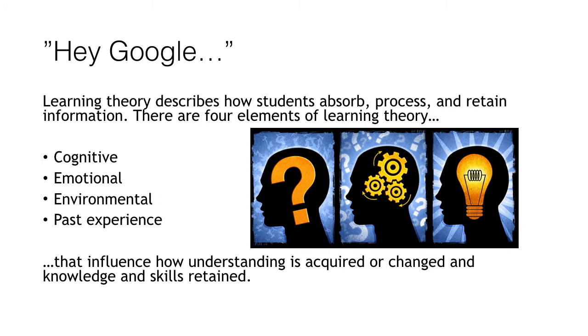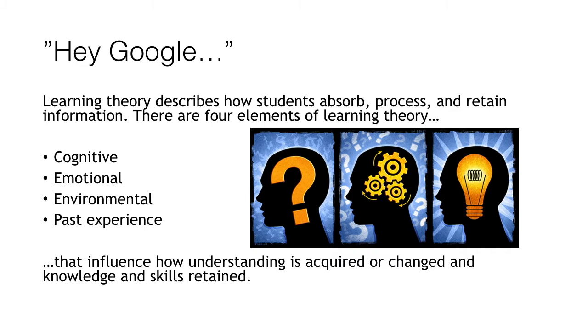There are 4 elements of learning theory: cognitive, emotional, environmental, and past experiences that influence how understanding is acquired or changed, and knowledge and skills retained. And so that is the basic textbook definition of what learning theory is that we are going to start with today. That is what we know.